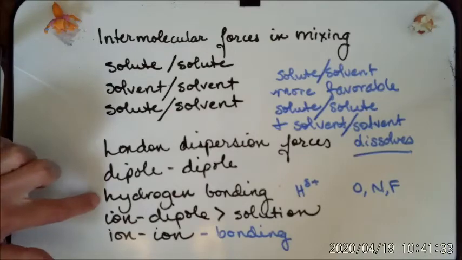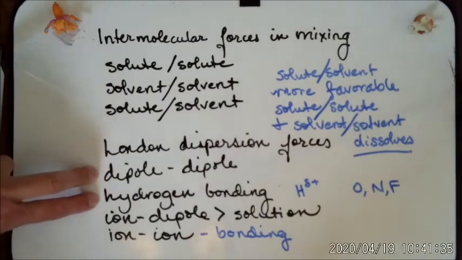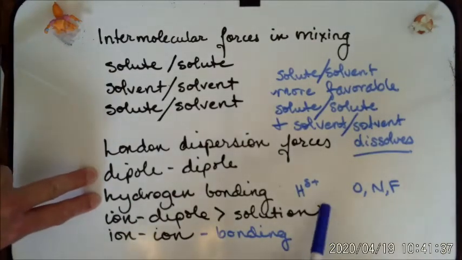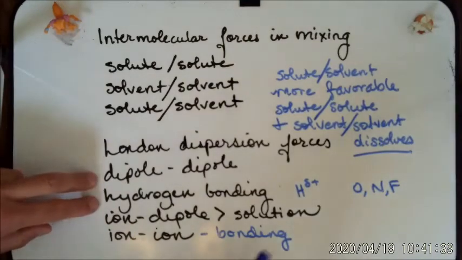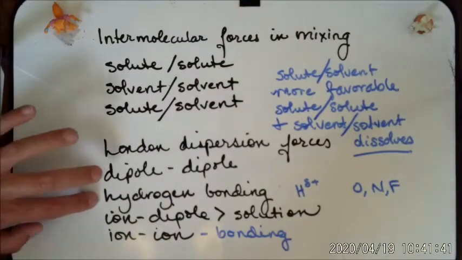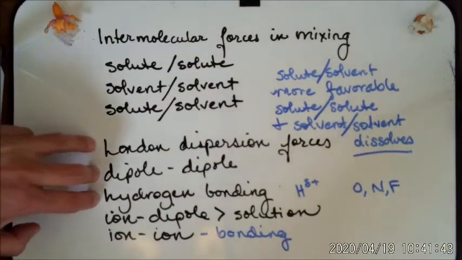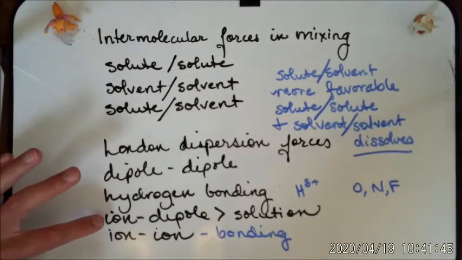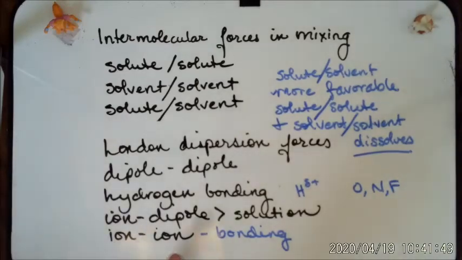So if I have hydrogen bonding, most likely it'll be a polar bond. So I'm going to have hydrogen bonding, dipole-dipole, and London dispersion. When I've dissolved an ionic compound, so I have ions floating in solution, we talked about how if I have a polar solvent, I'll get those interactions there. And then ion, those are my ionic bonds.